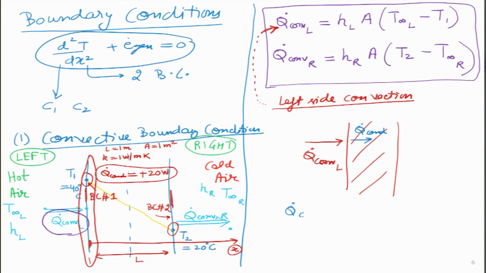What I have written over here is that the convection on the left side is equal to the conduction, and this conduction I am writing at x equals 0. Because remember that when transient analysis is taking place, or heat generation is taking place, the temperature profile may not be linear.